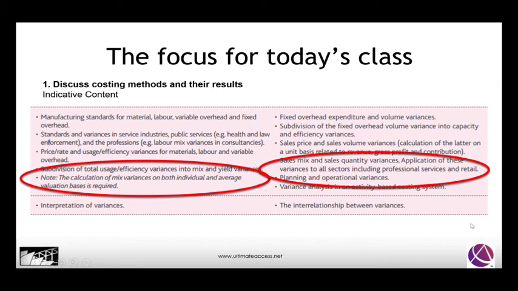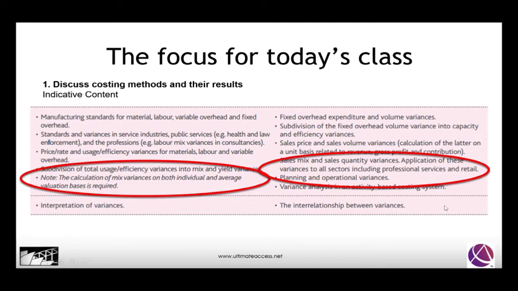The reasoning is that within the CIMA certificate ordinary variances are included, but mix and yield appears in the syllabus for the first time in P1, and sales mix and sales quantity appears for the first time in P1. Similarly, planning and operational variances.